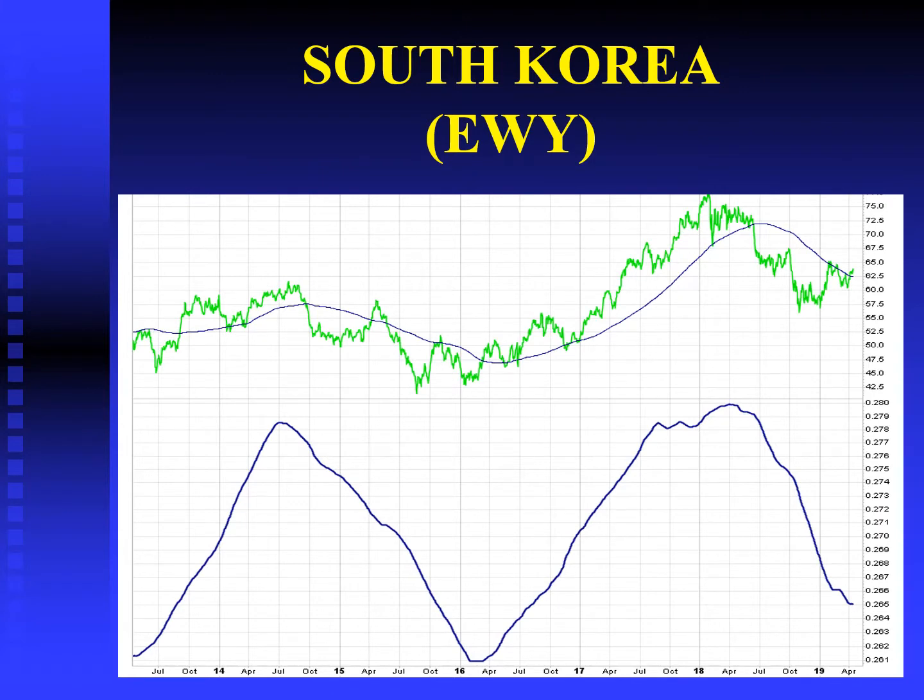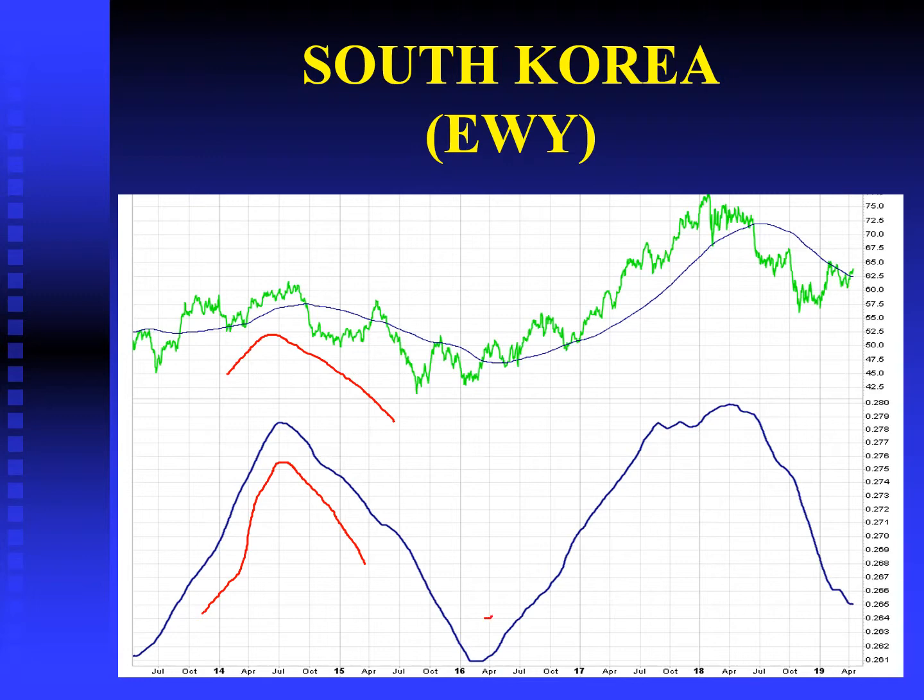Okay, now the question is, how does the US business cycle relate to foreign markets? That's really: can we use this information to, quote unquote, time our investment? Again, this is the turning point of the US business cycle. As you can see, the Korean market also started underperforming when the US economy started slowing down.